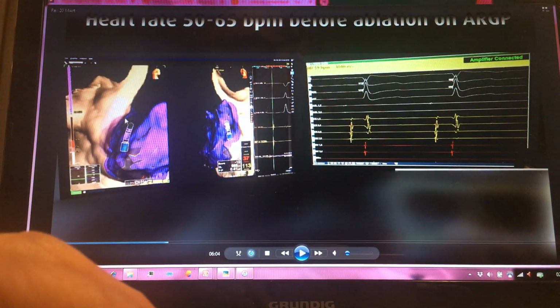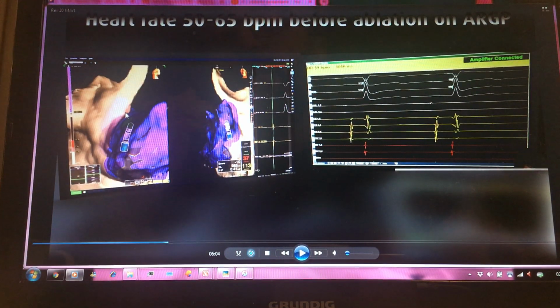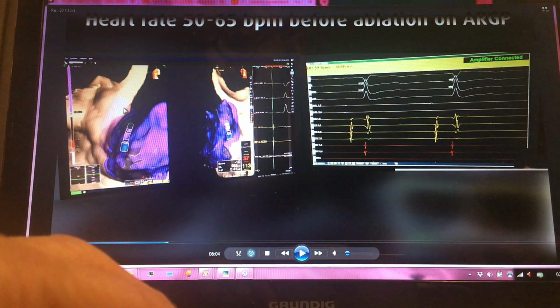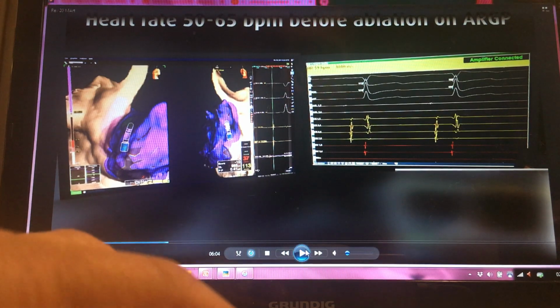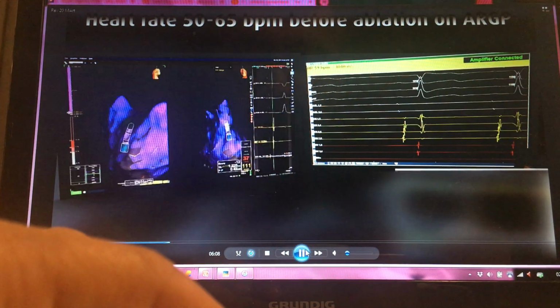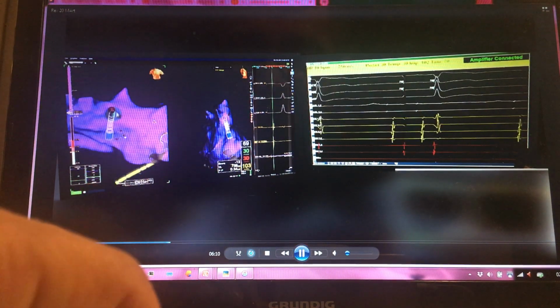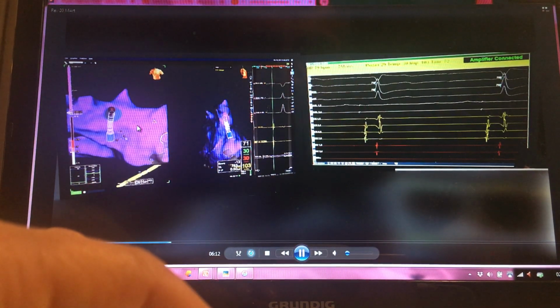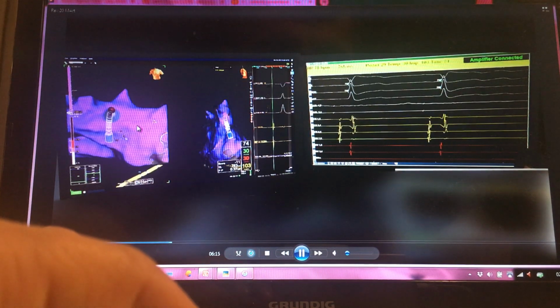So the ostial part of the right superior pulmonary vein demonstrates better contact with the superior vena cava, but again we will start ablation from the more antral side to not cause ostial stenosis.